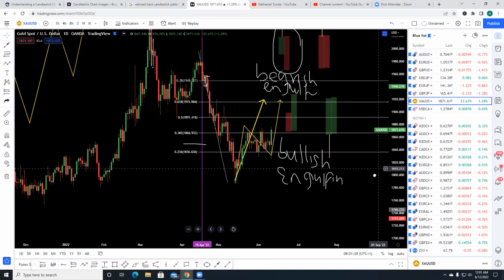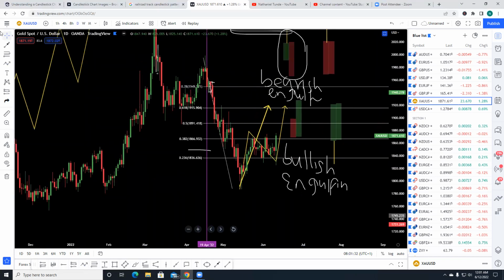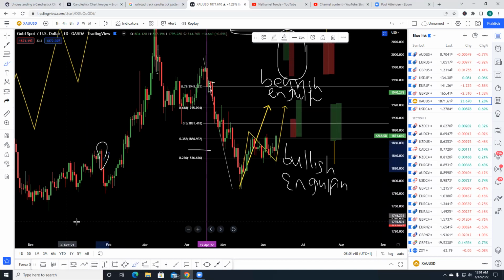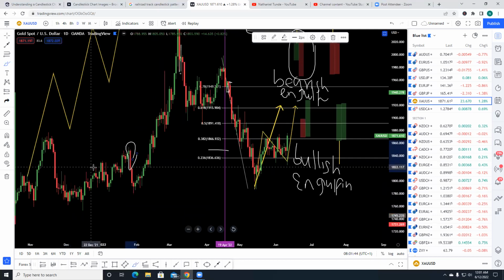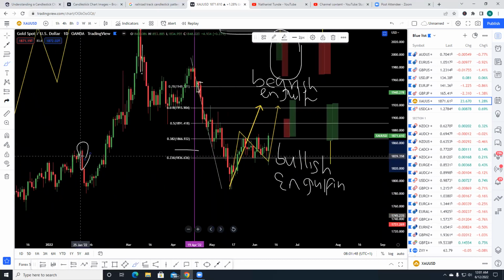We are supposed to look for a bearish pattern on a daily time frame. We're expected to look at something that looks like this, guys. This one. Boom. We're expected to look for something like this, or something like a railroad track.